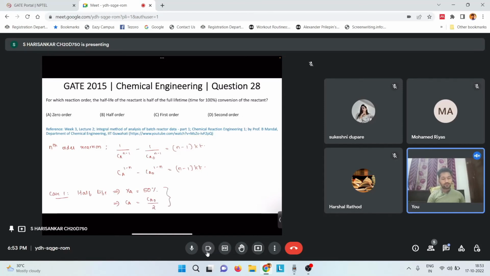So for nth order reaction using this, we can write (Ca0 by 2) raised to 1 minus n minus Ca0 raised to 1 minus n is equal to n minus 1 into Kt. Let's take this as our equation 1.